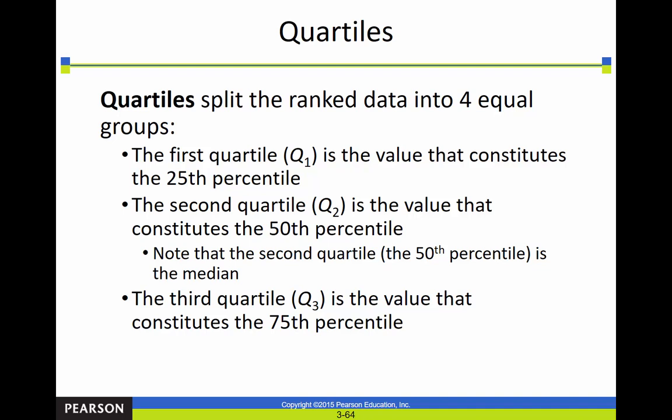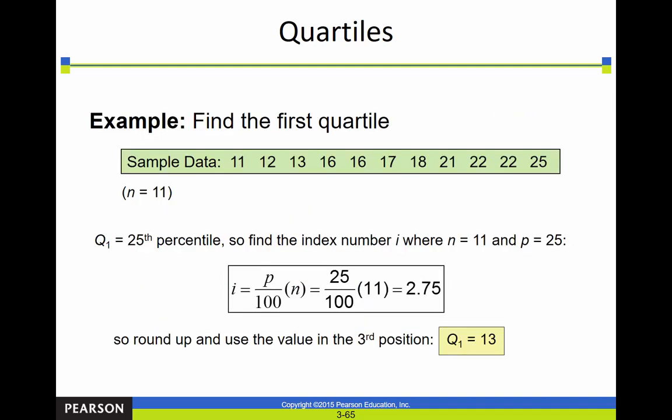Quartiles are just splitting ranked data into 4 equal groups. I'll let you read that. So if we have a data set, we want to split it into 4 equal groups. We find the index point where n equals 11 and p equals 25, and that gives us 2.75.